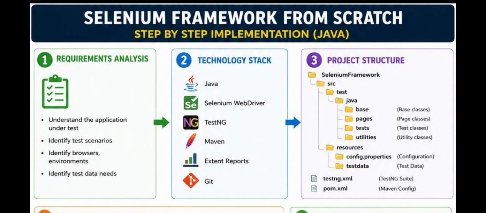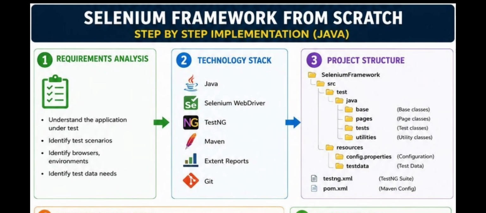In the second stage, you need to choose the technology tech stack. Like which programming language you are comfortable with, Java or Python or TypeScript or JavaScript, whatever it may be, and then the tool, Selenium WebDriver or Playwright, whatever it may be.